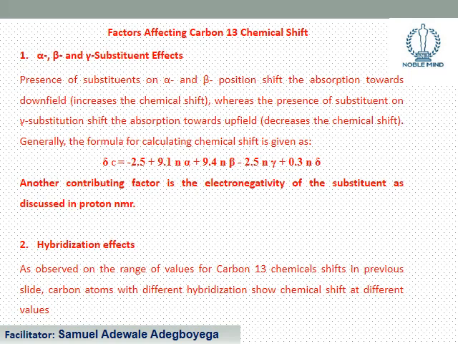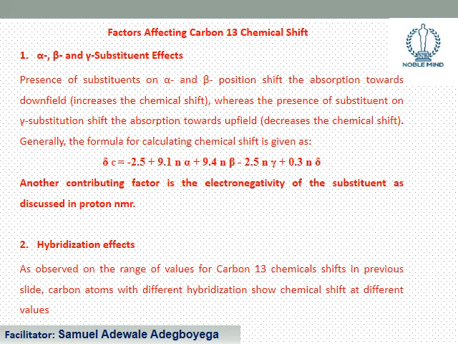So when you have the presence of a substituent at the gamma position, it results in a shift of the absorption band towards upfield. You have a decrease in chemical shift, and there is a formula for calculating what happens to the chemical shift overall.